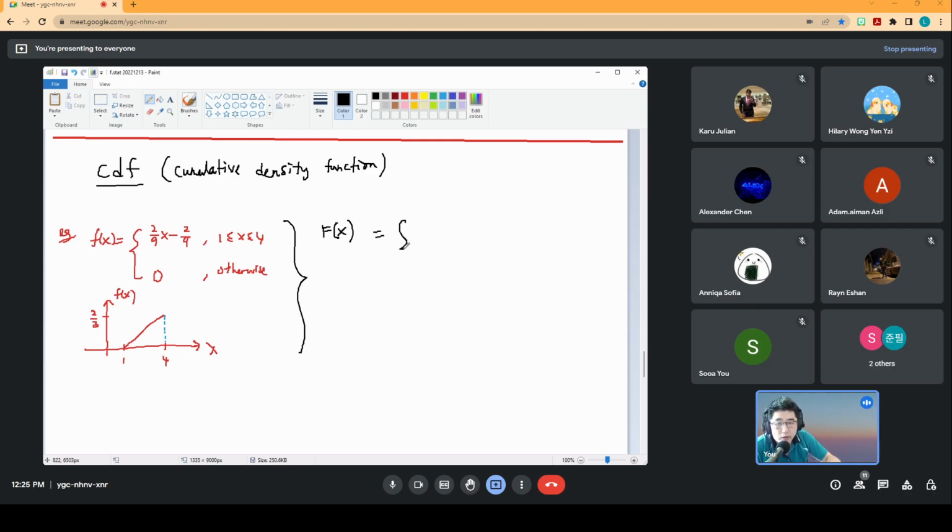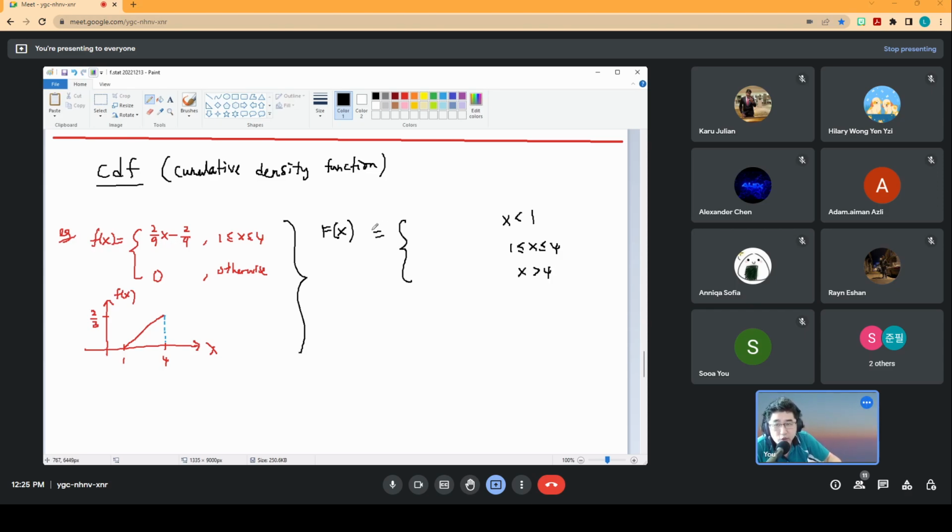So over here, I will have x smaller than 0, x smaller than 1, then x in between 1 to 4, and x greater than 4.